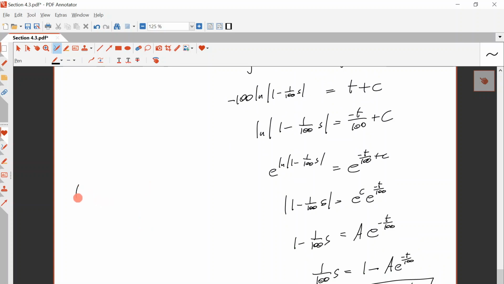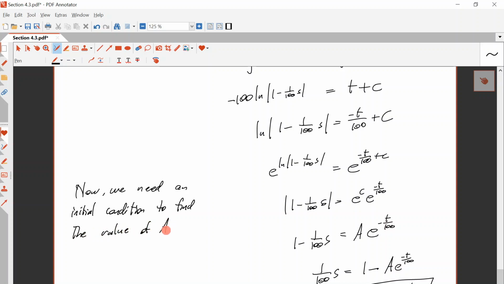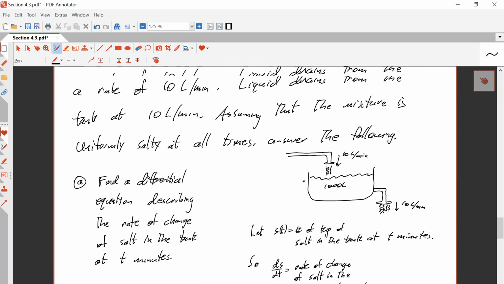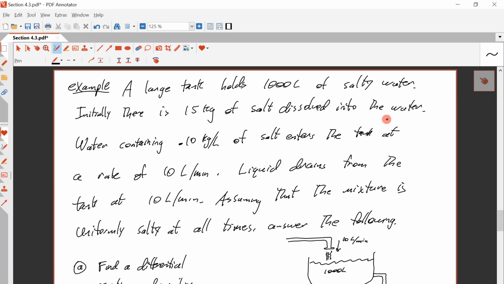I'll do it over here. So now we need an initial condition to find the value of A. So in the problem, it states that initially there is 15 kilograms of salt dissolved into the water.